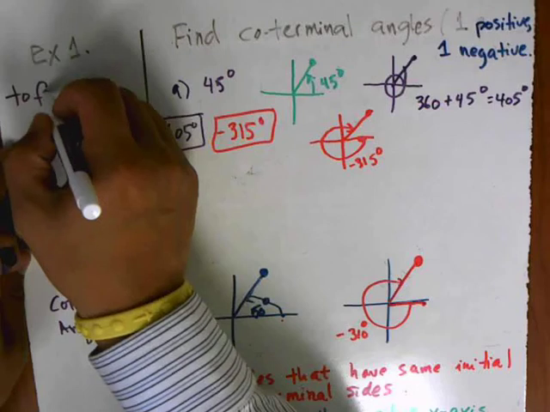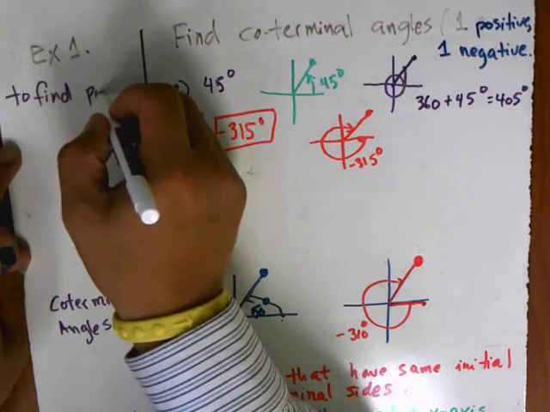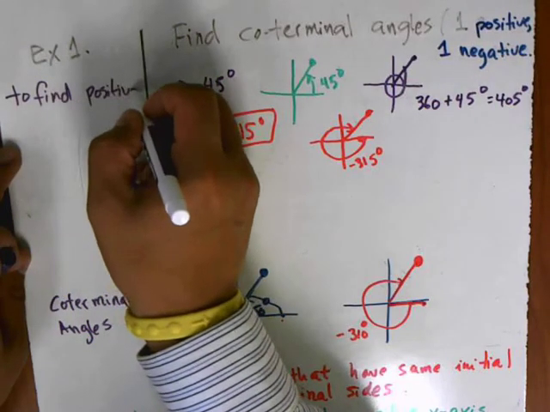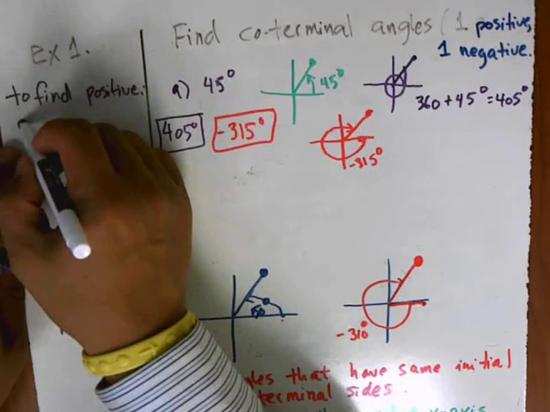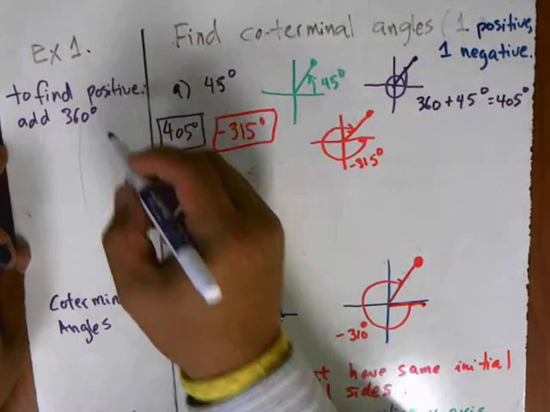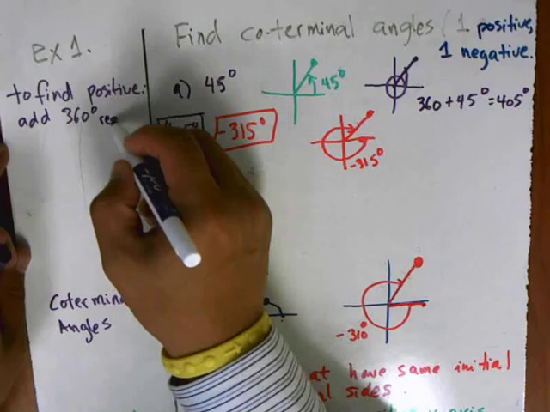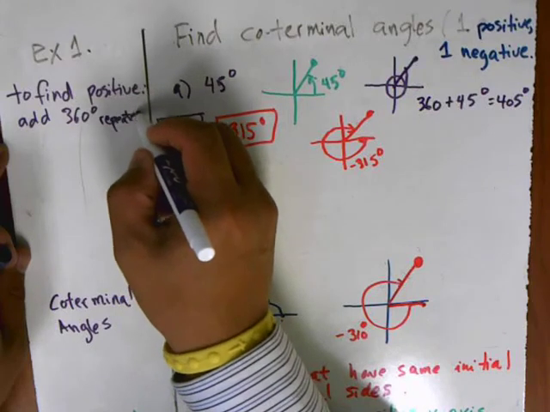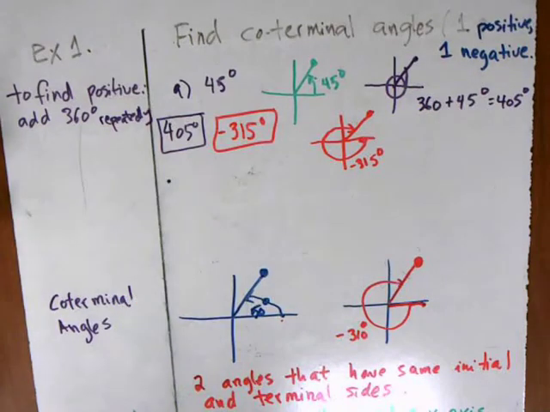So to find a positive coterminal angle, add 360 degrees repeatedly, as often as you can, until you get something positive.